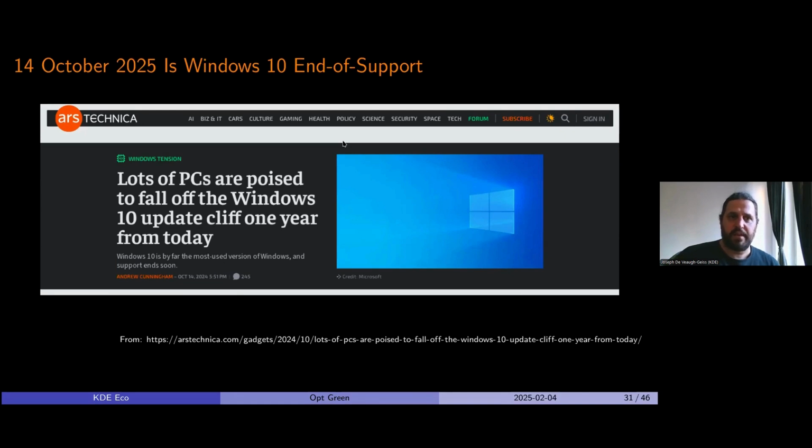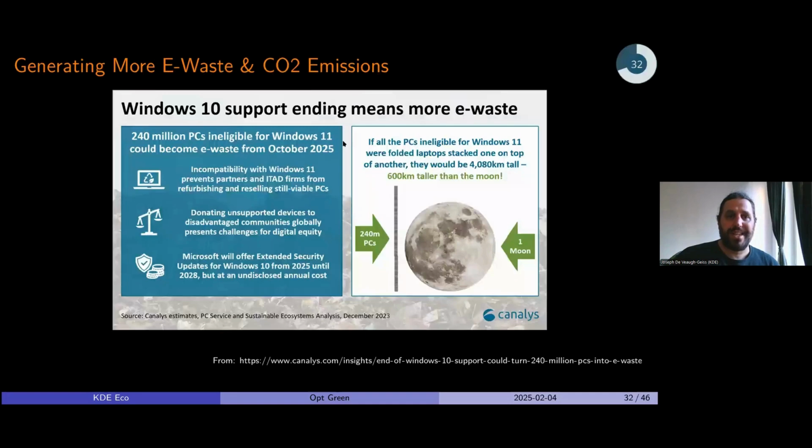On the 14th of October, 2025, Microsoft will end support for Windows 10. And this is estimated to create e-waste out of 240 million devices, which cannot upgrade to Windows 11. This is a software decision. There's nothing about the hardware that requires that.